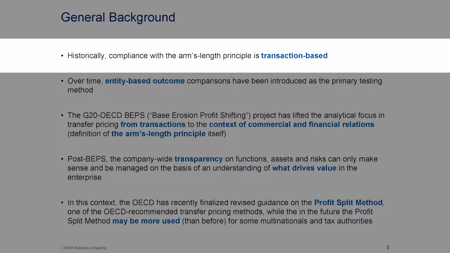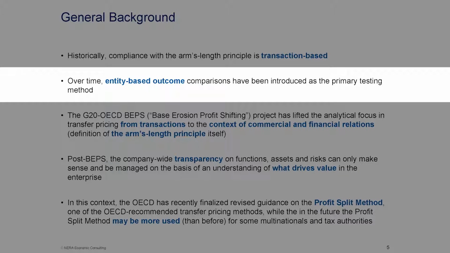Thank you, Yves. We thought of starting with a general background about transfer pricing to get into why the profit split method is likely to become more popular in the future years. So if we step back historically, compliance with the arm's length principle was very much transaction driven. There were a number of transactions with third parties, and multinationals used to set their prices based on those transactions.